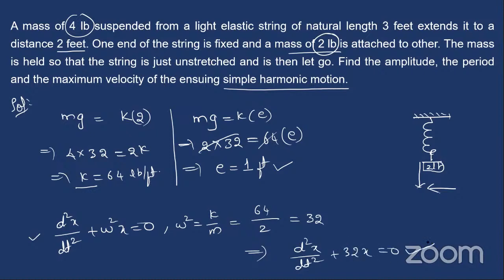Now this is a simple second order linear differential equation. By solving this, we are going to find the displacement in the spring. I'm just continuing like this. The differential equation is d square x by dt square plus 32x is equal to 0. Now I'm writing the auxiliary equation. I'm sorry, the auxiliary equation is only m square plus 32 is equal to 0.